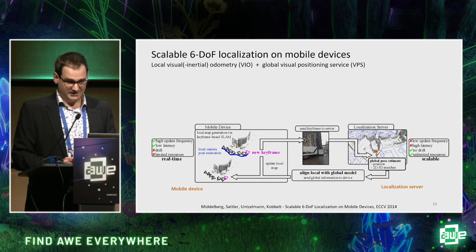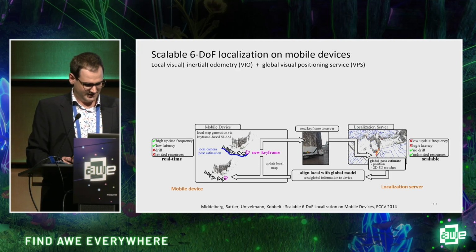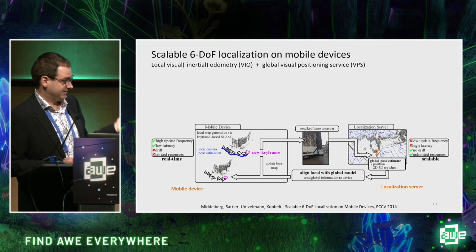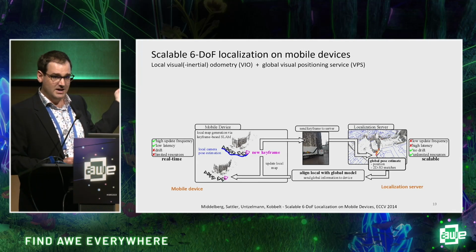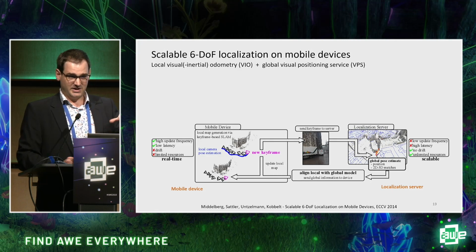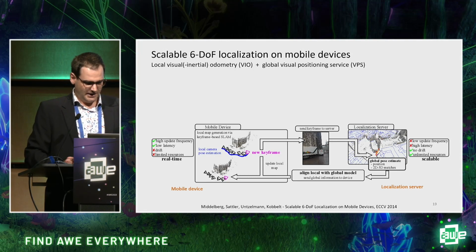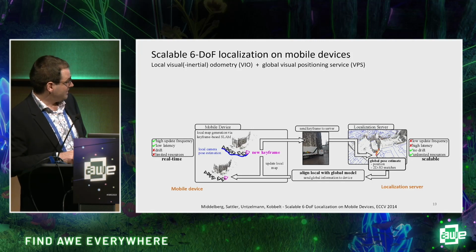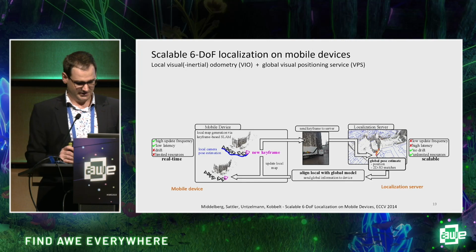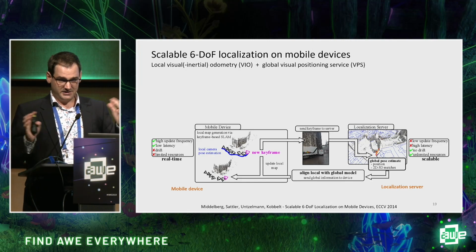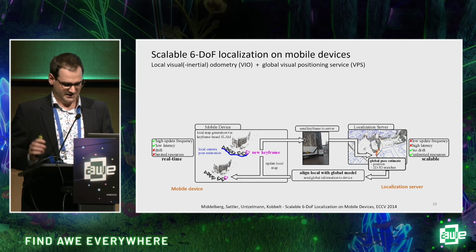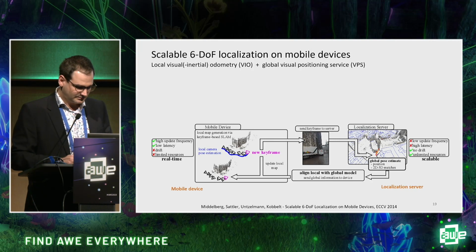Ten years ago, a paper was published at ECCV about the general architecture of such a system. On the left side, we see the mobile device runs some kind of self-motion tracking, but only relative motion tracking in a local map that is built on the fly. So there's some kind of SLAM or visual inertial odometry. And this periodically sends keyframes to a localization server, which is somewhere in the cloud and has this large city model optimized for a long time, with basically unlimited processing power.